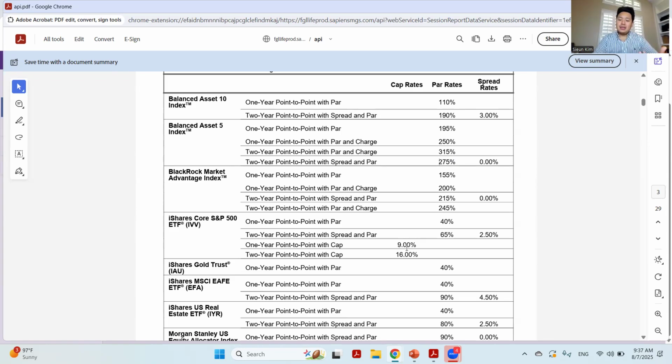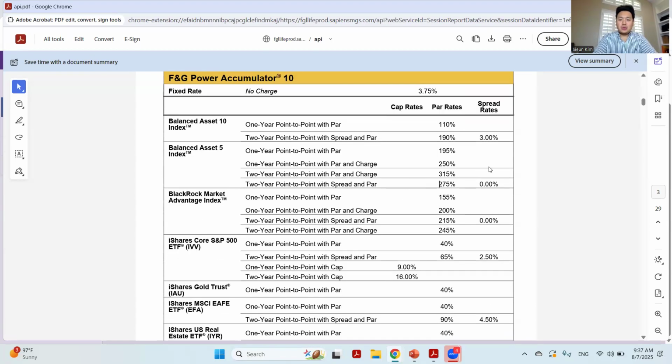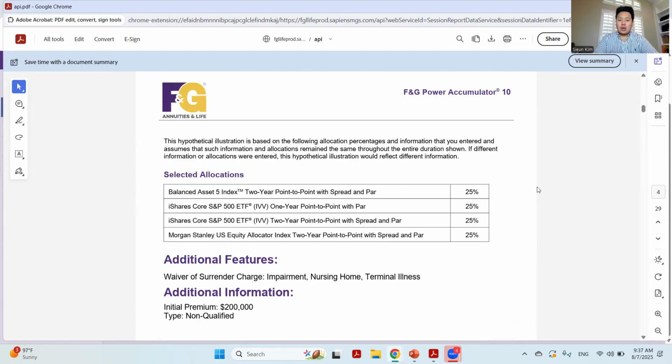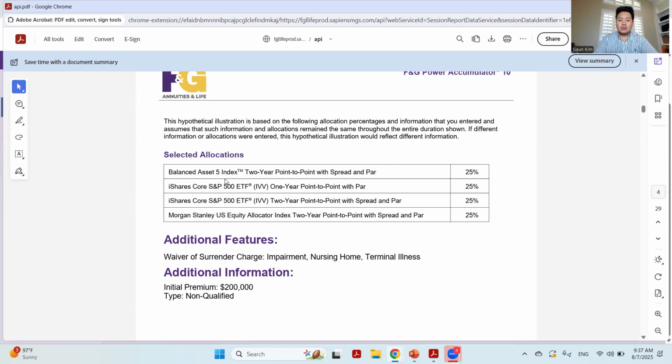So what I typically recommend is I mix between the different investment options and we can fit based on what's the best fit for you. And we can diversify as much as we want. But based on the historical return over the last 20 years and what's been performing the best recently, my recommendation was to put it into four different indexes: Balanced Asset 5 2 year, iShares Core S&P 1 year point to point, S&P 500 2 year, and Morgan Stanley 2 year.